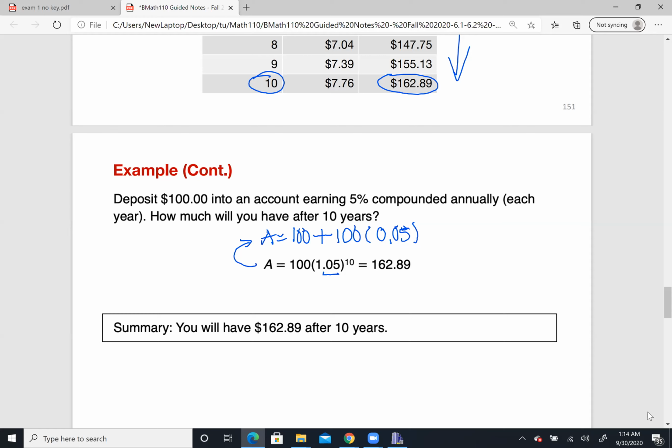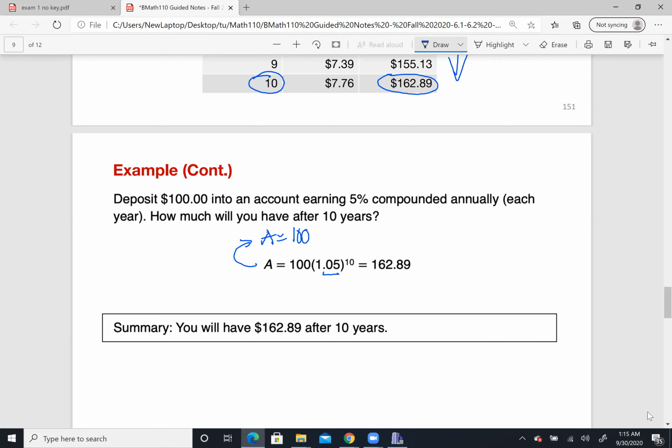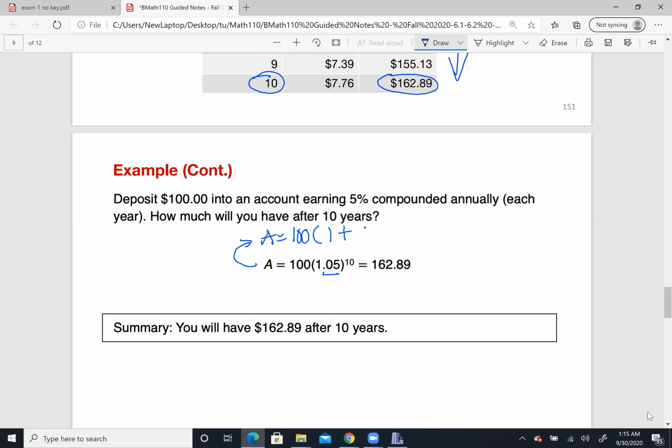It could be a little bit tough for us to convert this form, so I will say it's going to be 100 times 1 plus the rate to the power t.